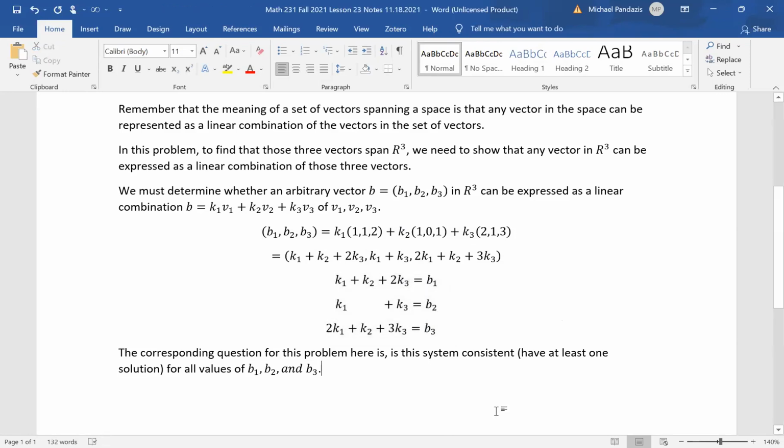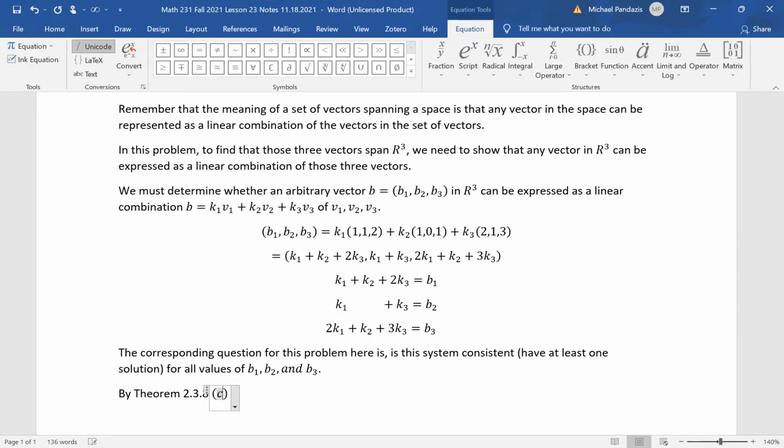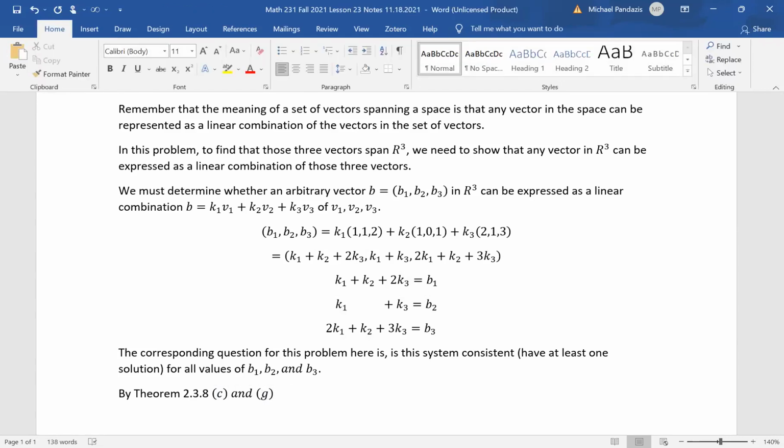Okay, so by an earlier theorem, theorem 2.3.8, parts E and G, this is called the equivalence theorem. It's the one where you have all those statements that are equivalent.